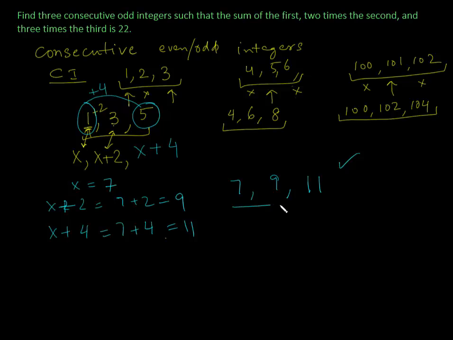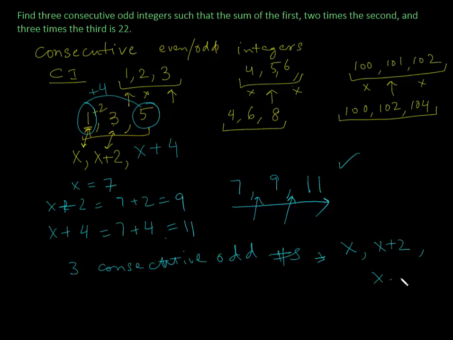Are 7, 9, and 11 consecutive? Yes, they are, because we are not missing any odd number in between. So that means if we had to write 3 consecutive odd numbers, we would assume those would be x, x plus 2, and x plus 4.